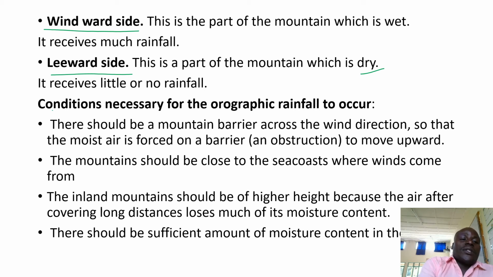What are the conditions necessary for orographic rainfall to occur? There should be a mountain which will act as a barrier. The mountains must be close to the sea coasts where winds come from.